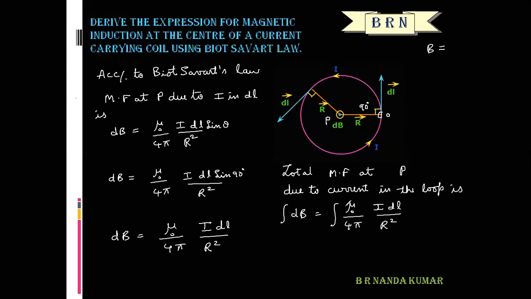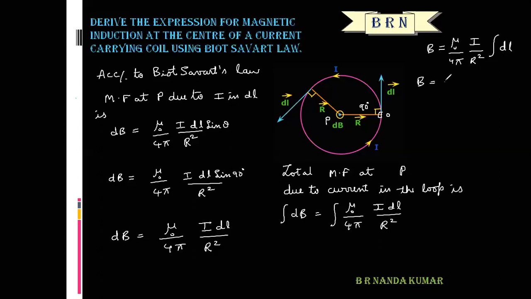Here the constant terms are taken outside. Mu naught divided by 4 pi, I, and the radius r square are also constant. So mu naught divided by 4 pi, I divided by r square is constant, which is why we take it outside. The integration of dl remains.